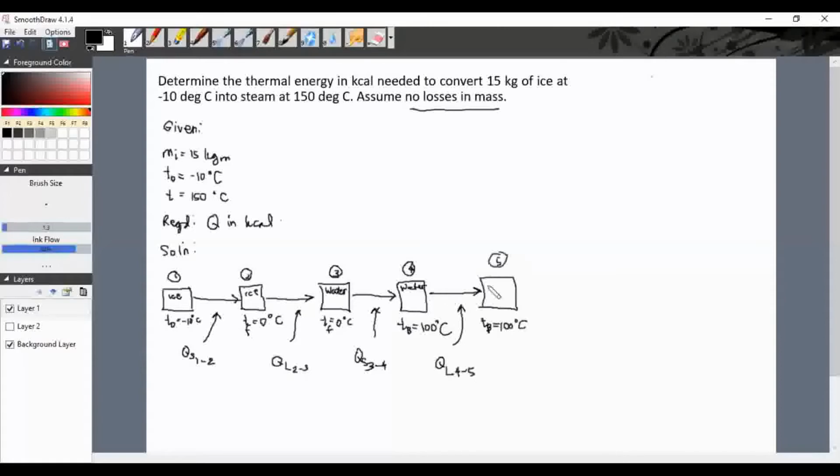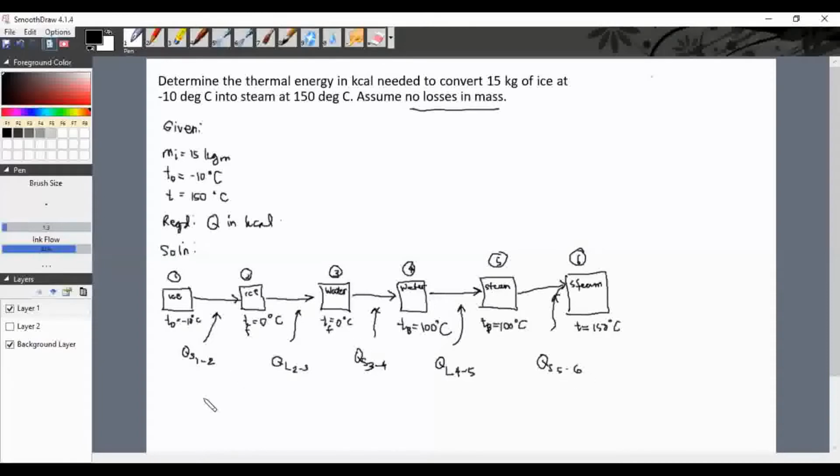So, from water, magiging steam na siya. And finally, since steam na siya, para ma-reach na yung ating temperature required, which is 150 degrees Celsius, kailangan natin again ng sensible heat, let's say from 5 to 6.